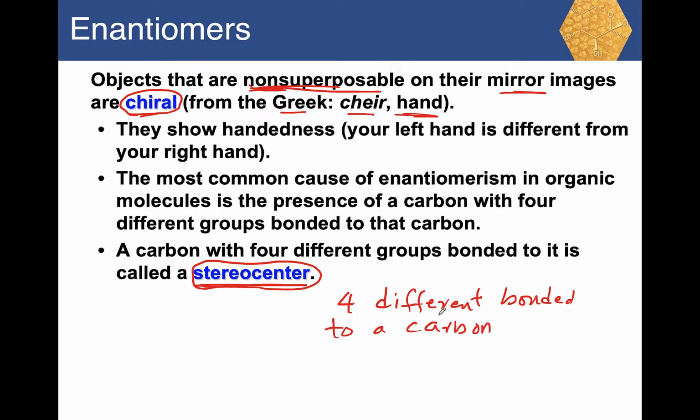So that's important. 4 different groups bonded to a carbon is called a stereogenic center. If you have that, that means that the mirror image of that molecule will be non-superimposable on itself, and therefore the relationship is enantiomers. The stereoisomers are called enantiomers. As we've seen here, they're called enantiomers.